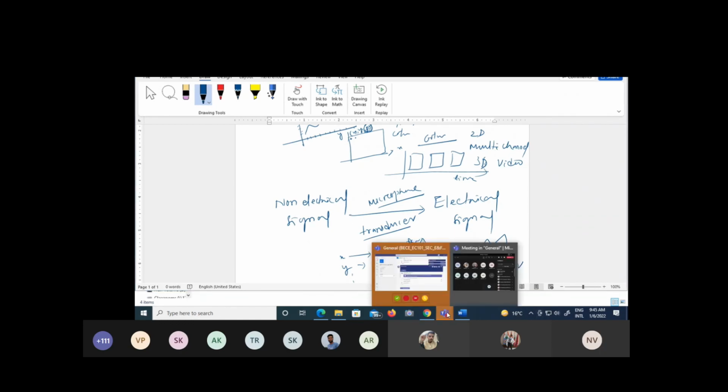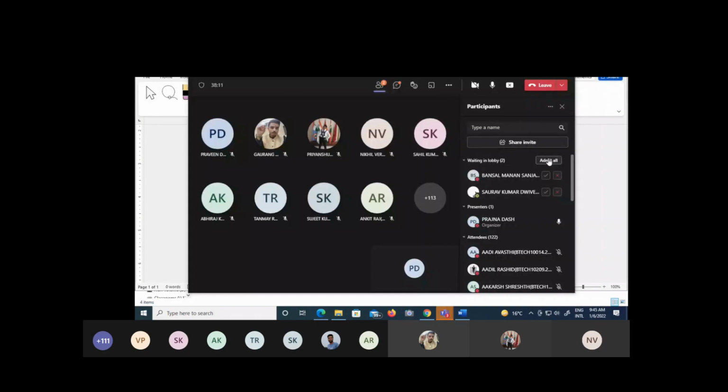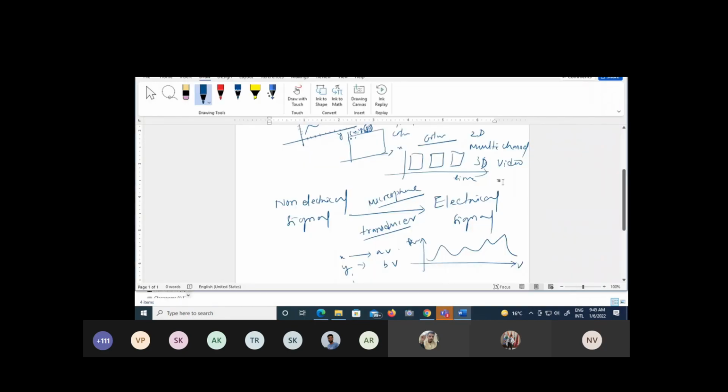For every kind of signal there are different types of sensors. For the image signal, the camera is the sensor which will sense the pictorial appearance of the particular object and represent it in image form.